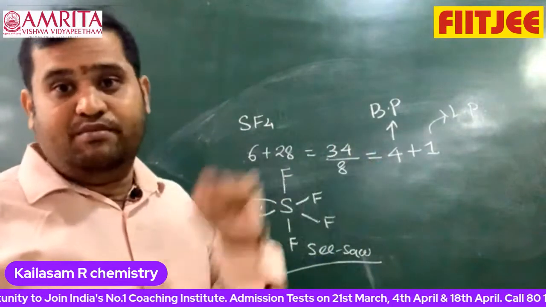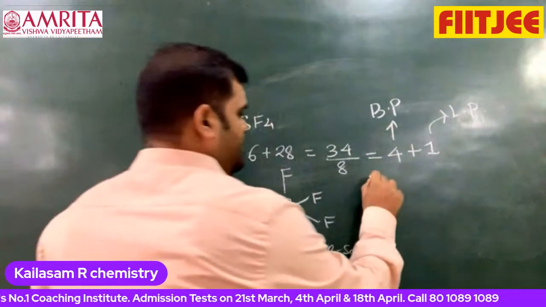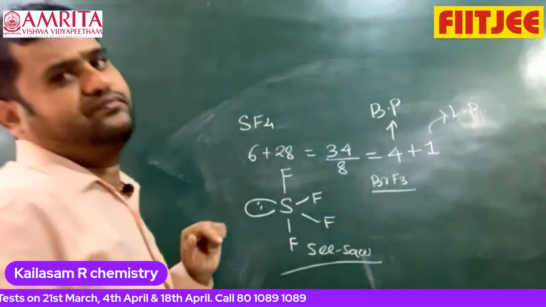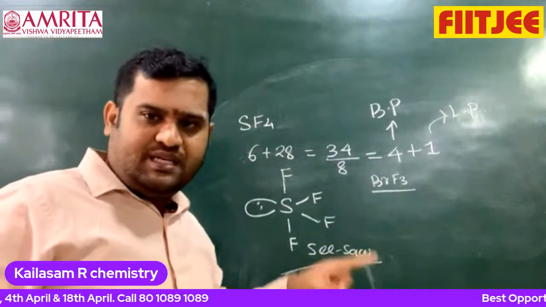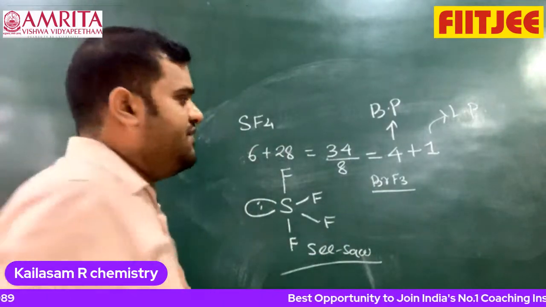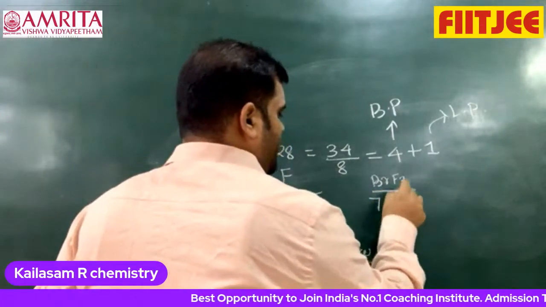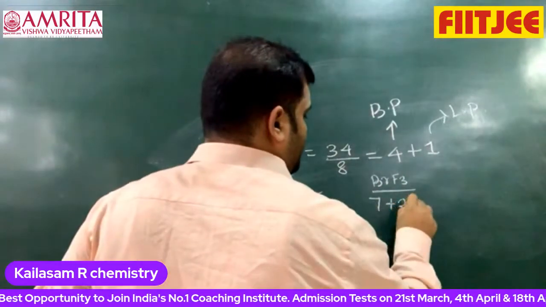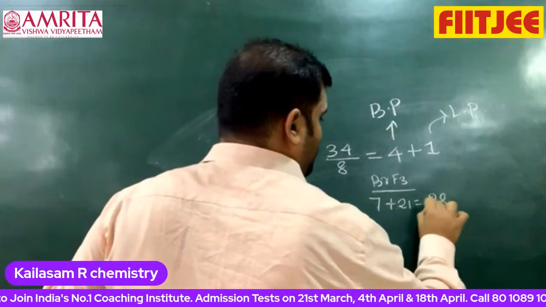The next will be BrF3. Look at this. In BrF3, what is the central atom? Bromine. What is the valence electron of bromine? 7. What is the valence electron of fluorine? 7. 21. 28 by 8.